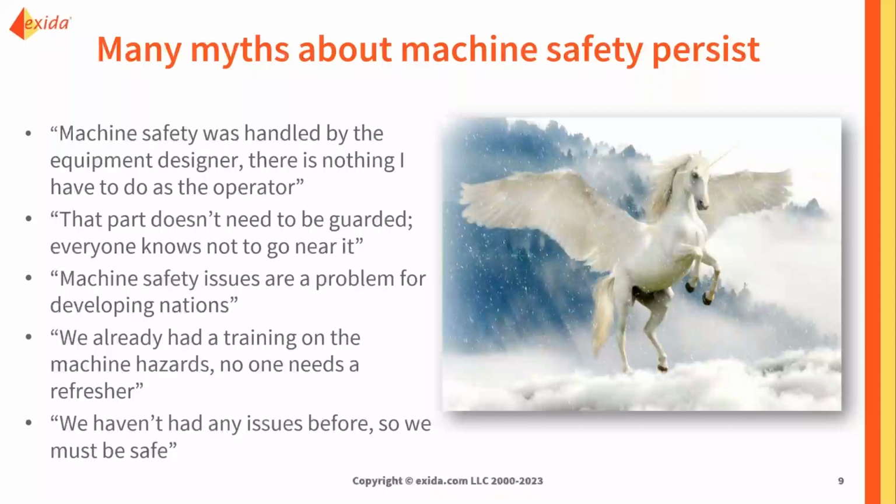But if the operators don't understand how those safety functions work, if they don't understand, let's say, best practices for operating the machine, if the safety functions require periodic testing, if unauthorized changes are made to the system, there are a number of things that can happen that will decrease the amount of safety and not necessarily reach your safety goals, even if you start out with a system that's fully compliant, provided by a knowledgeable supplier or integrator.